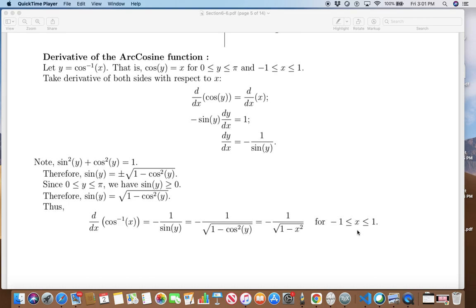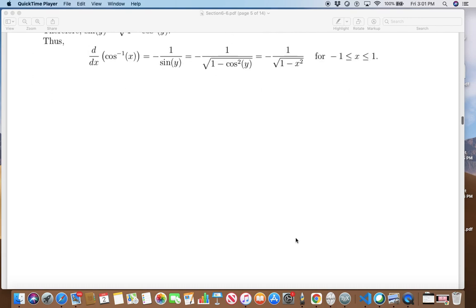And this is valid for x between negative 1 and 1. Again, technically, you should have less than in both these conditions, but I'm allowing equal in case you are interested in one-sided derivatives. So the formula for the derivative of cosine inverse is negative 1 by the square root of 1 minus x squared.